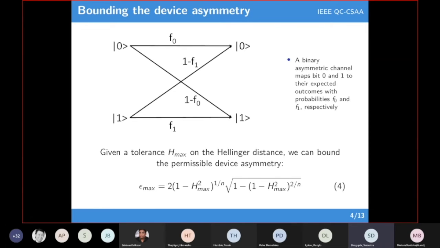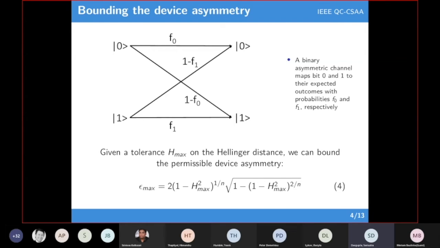To achieve this, we built a simple noise model using what is called a binary asymmetric channel. In this figure that you see, F0 represents the probability that you prepare something in state 0 and it continues to be in state 0. And F1 represents the probability that you prepare something in state 1 and you actually measure that it is indeed state 1.